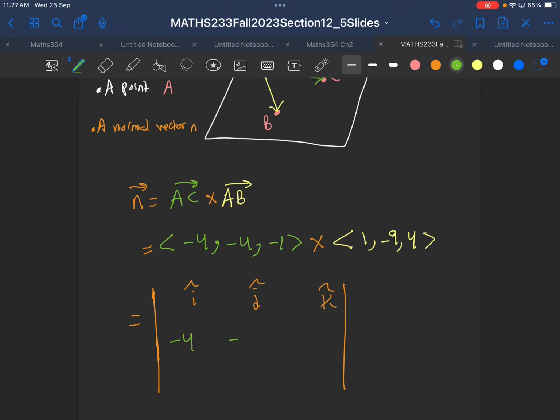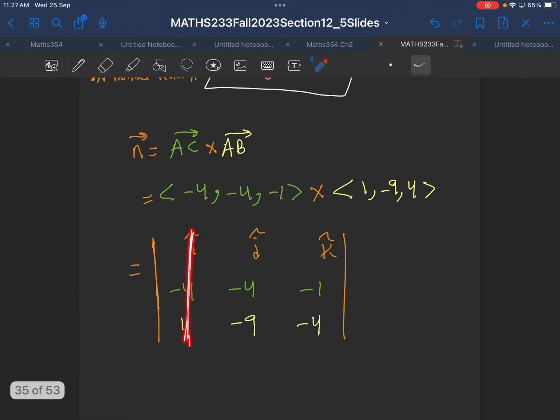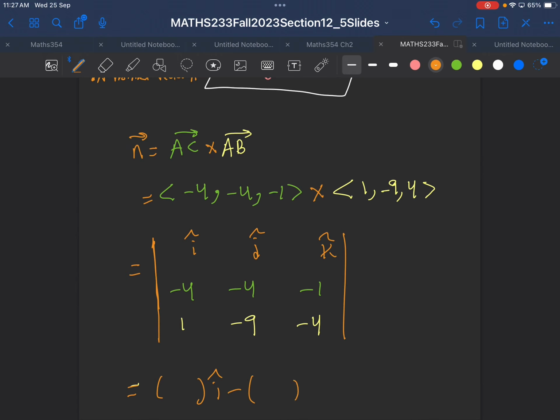It will be -4, -4, -1, and this one will be 1, -9, 4. Do you remember how we do the cross product? First of all, we cancel the row of i and column of i to find the component that goes with i. So the final answer will be something with i, negative something with j, plus something with k.